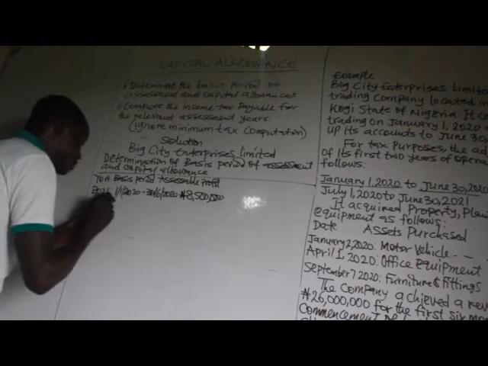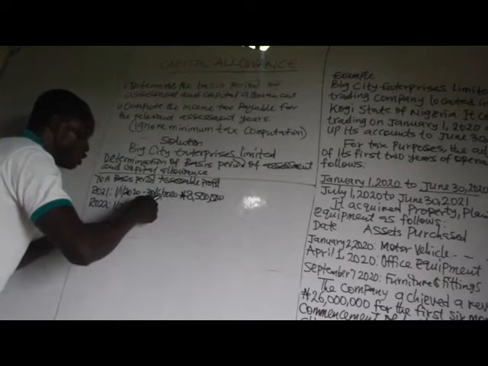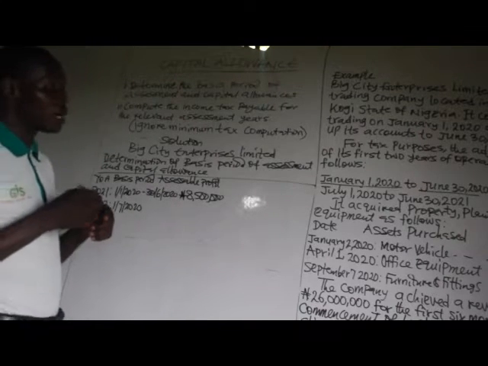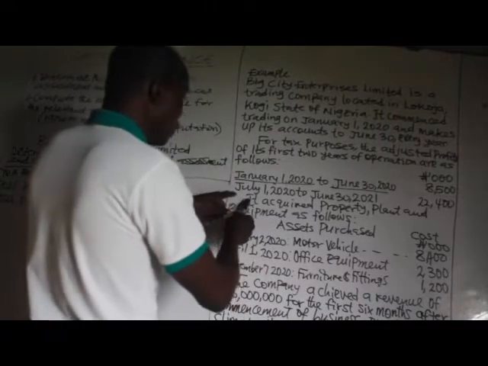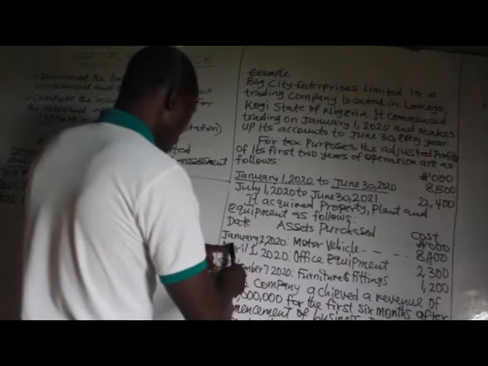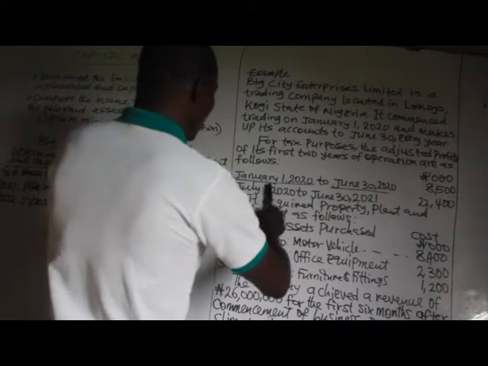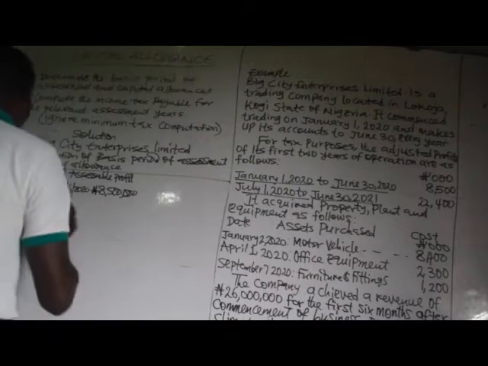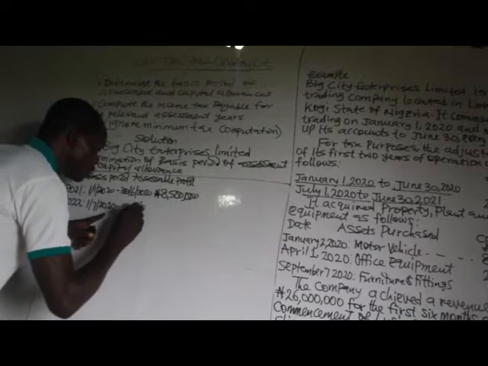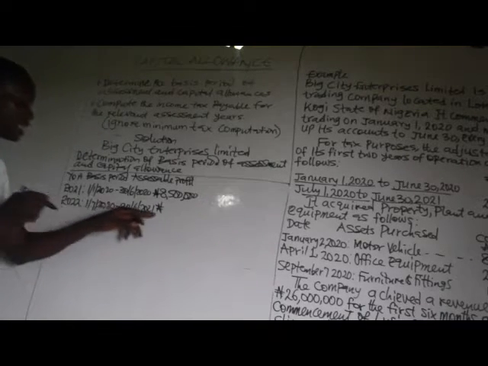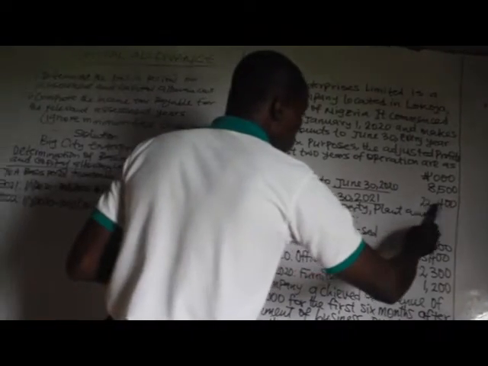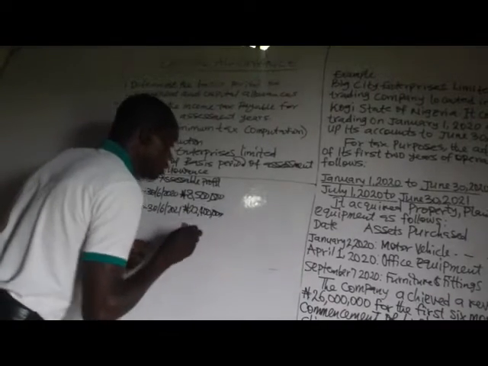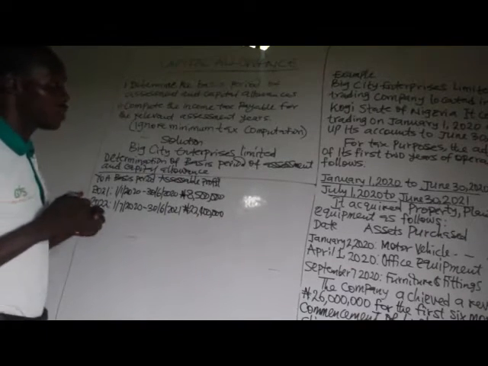So that means it will start from 1st of July 2020, where this one ended, to the end of the second accounting period, which is June 30, 2021. And the assessable profit for that period is 22.4 million naira. So this is the assessable profit for the first 2 years of assessment.